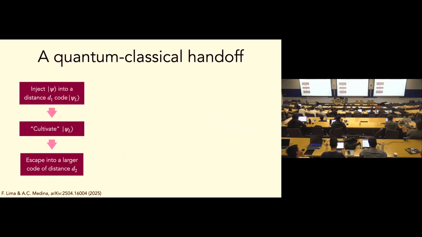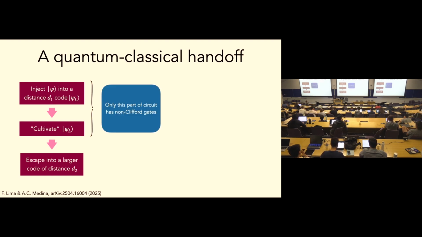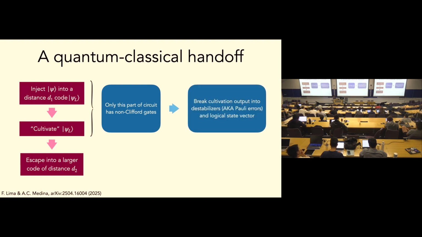And so we can do this by using a handoff protocol that transfers information between the quantum and classical parts of our protocol. The key realization is that because only the first two parts of our protocol use non-Clifford gates, we can take the output from the first two parts of our protocol and input it into the next part of our protocol.